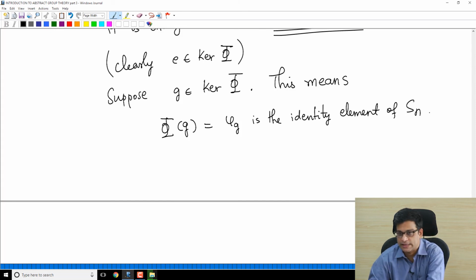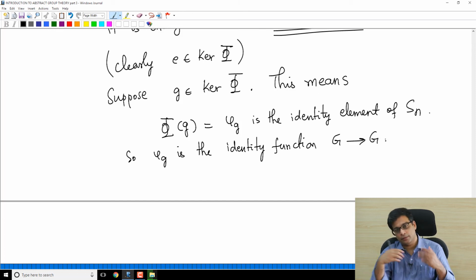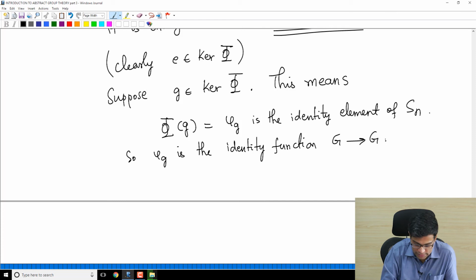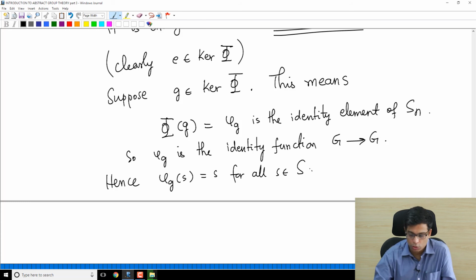What is the identity element of Sn? Sn is the group of bijections of G. Its identity element is the identity function. So small phi g is the identity function from G to G, right? Hence, phi g of s equals s for all s in capital S. This is the conclusion of small g being in the kernel of capital phi.